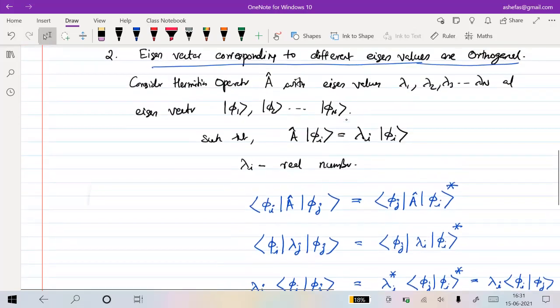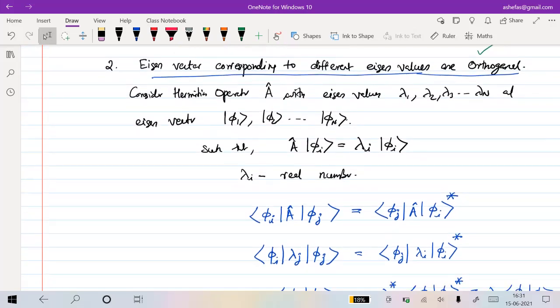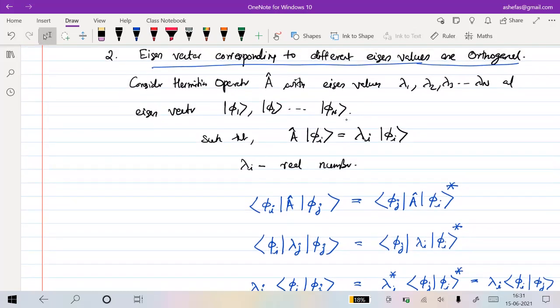Okay. Now the third property is, we have already listed that in the case of an n-dimensional vector space, a Hermitian operator A can have a total of n eigenvectors. Now if lambda 1, lambda 2, lambda 3 are different, then we'll be having n different eigenvectors. They are orthogonal to each other.